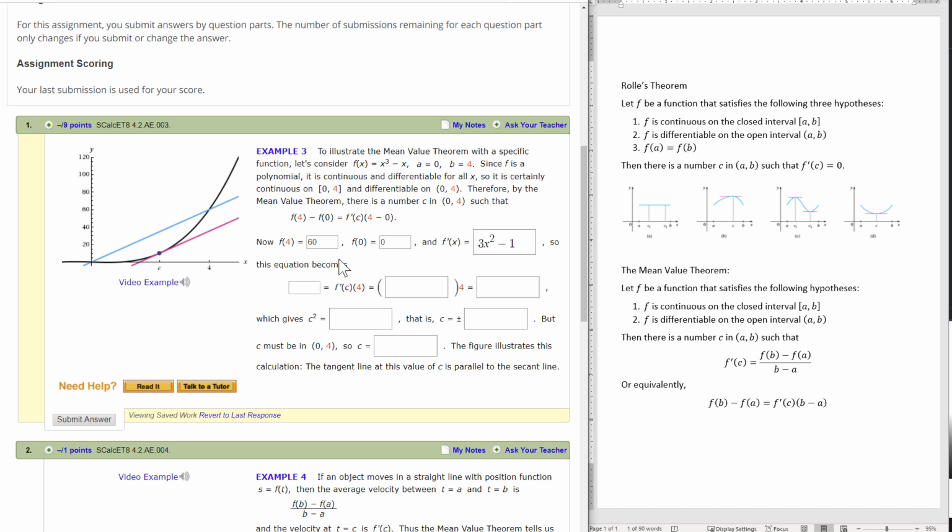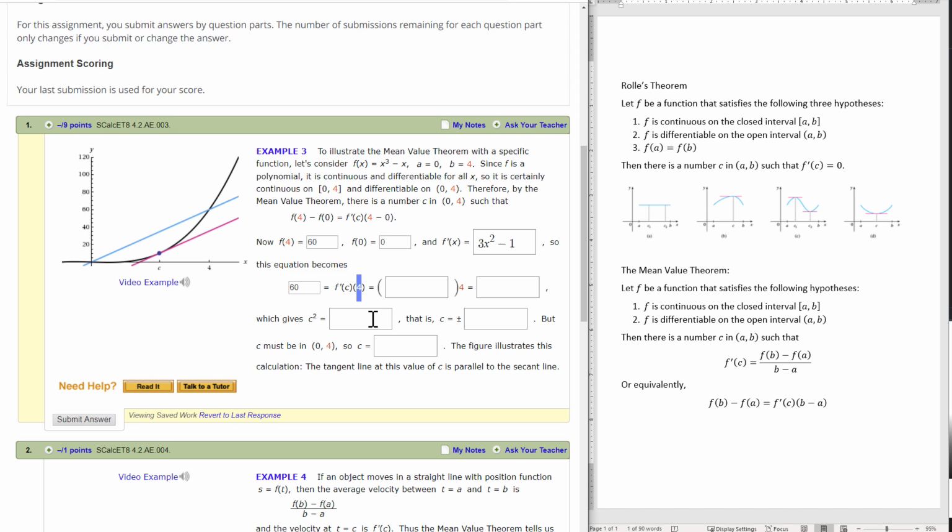And so right now, on the left hand side of the equation, we have f of 4 minus f of 0, so that's 60 minus 0. And then the derivative at c is equal to this times 4 minus 0.